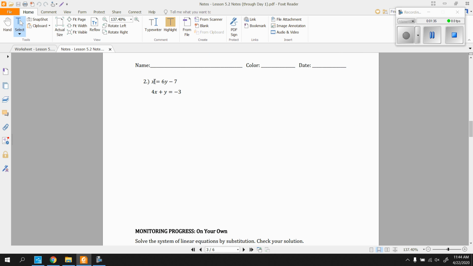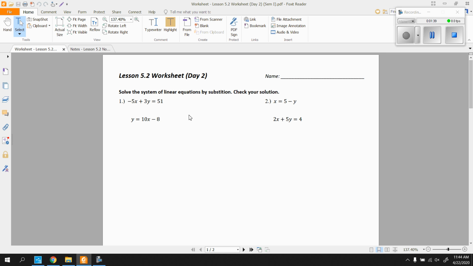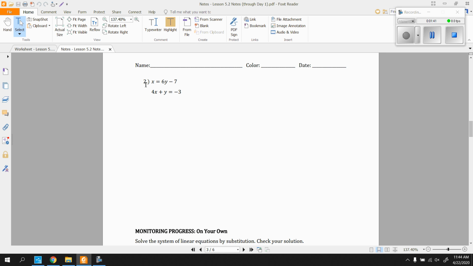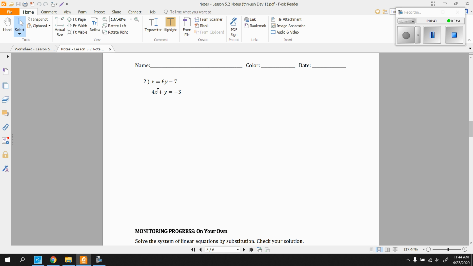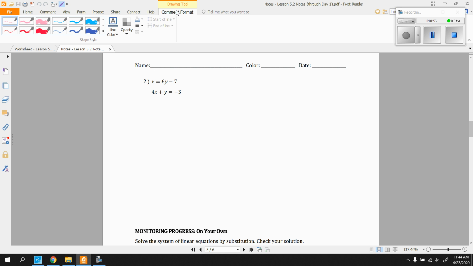This first example for today's notes is going to align with your first 2 homework problems. What makes these 3, the one we're about to do and the 2 from the homework, the same? We don't really have that first step. Remember, the first step was to get a variable by itself, and we have a choice as far as how we want to do it.